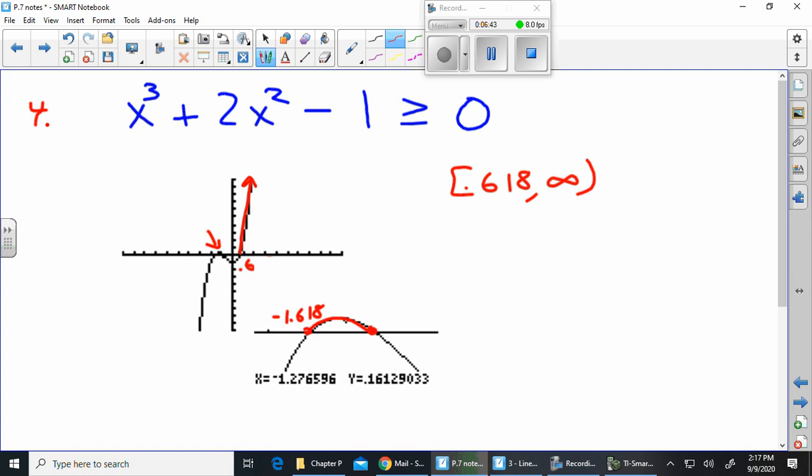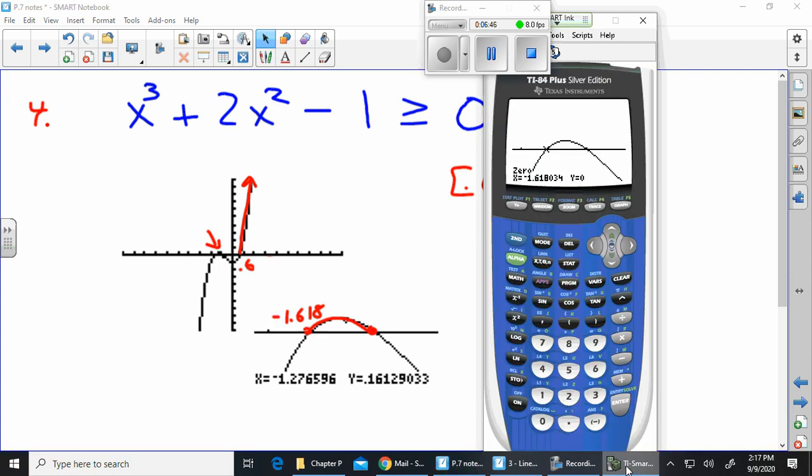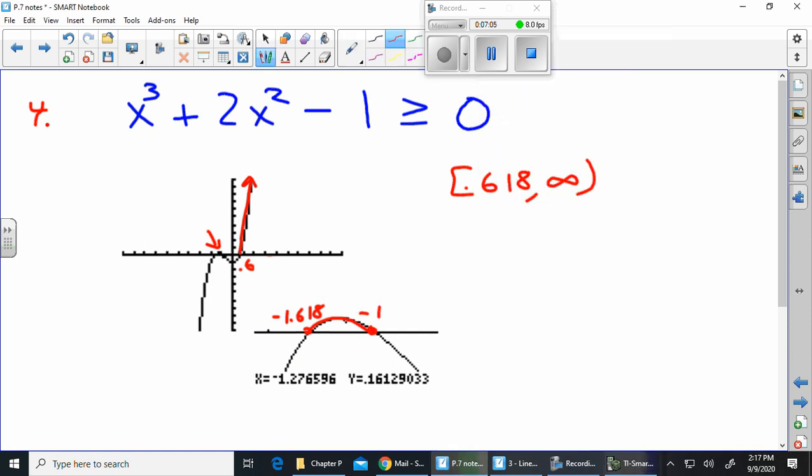And then find the other one, which is second trace, number 2. I go to the left, I go past it to the right, and it's -1. So the other part of my answer would be -1.618 to -1. And again, those are in brackets because it has the equal sign.